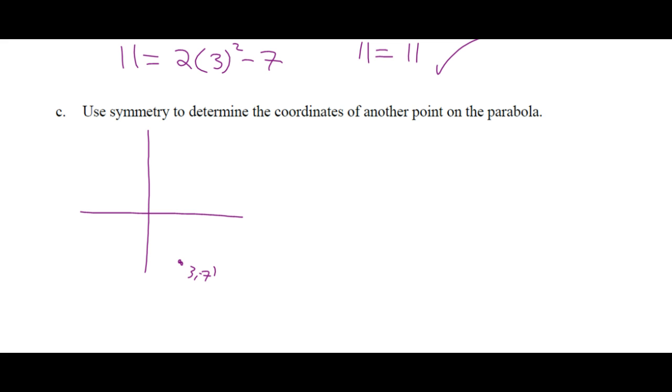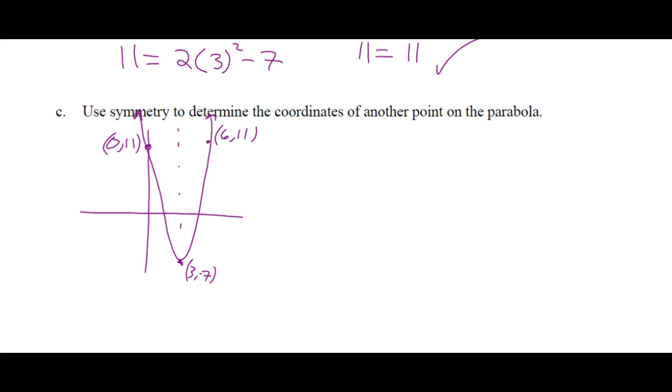And what was the point we were given? (6, 11). And so the other point is? So how far did you go this way? 3. So how far are you going to go this way? 3. So where are you? (0, 11).